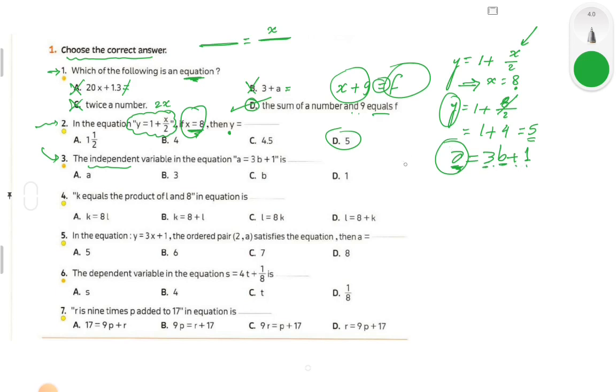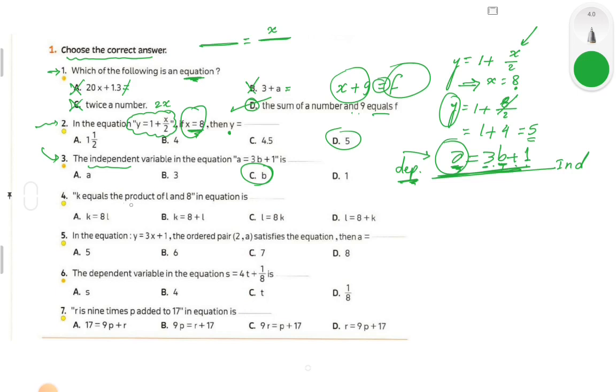That means the independent variable is a or p? No, p is the independent variable, and a is the dependent variable. Now in an equation I can define what is the dependent and the independent. The dependent is alone, just on the left side or right side, but alone. Now he asks us about the independent. So the independent is p.